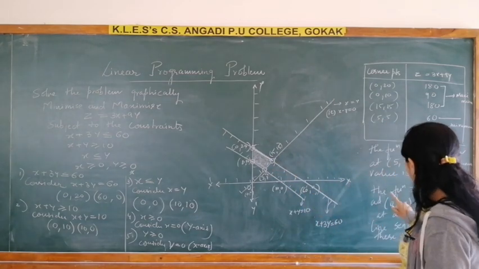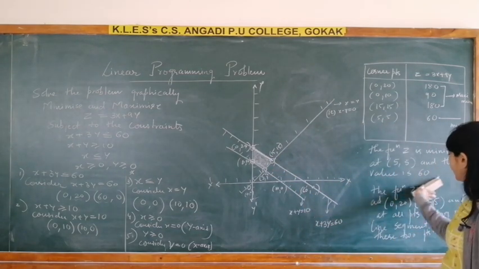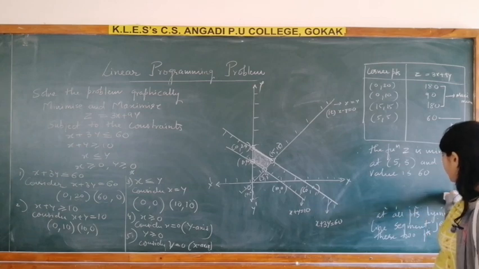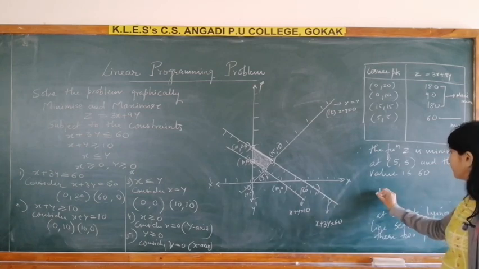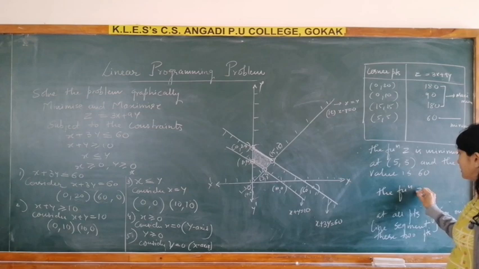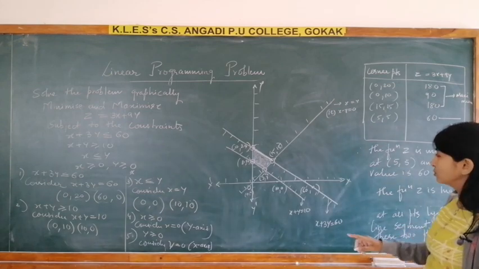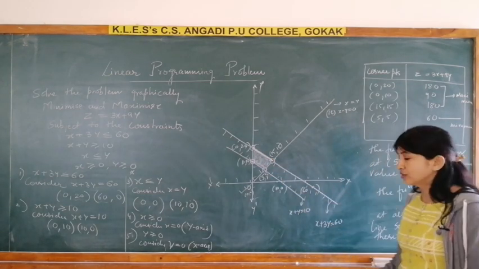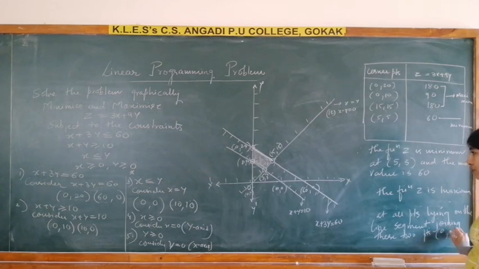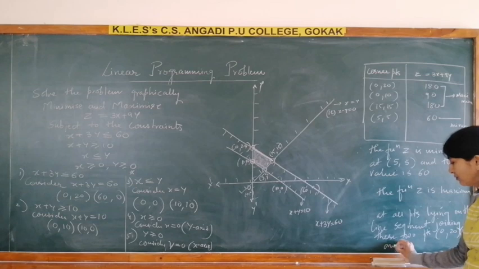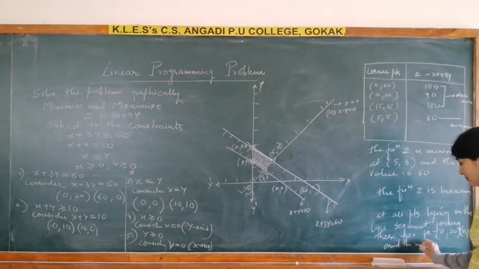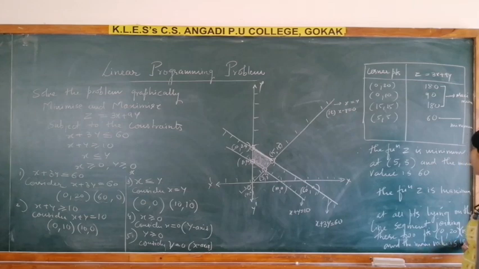So you don't write just that the function is maximum at a point. The function z is maximum at all points lying on the line segment joining these 2 points, 0 comma 20 and 15 comma 15, and the maximum value is 180.